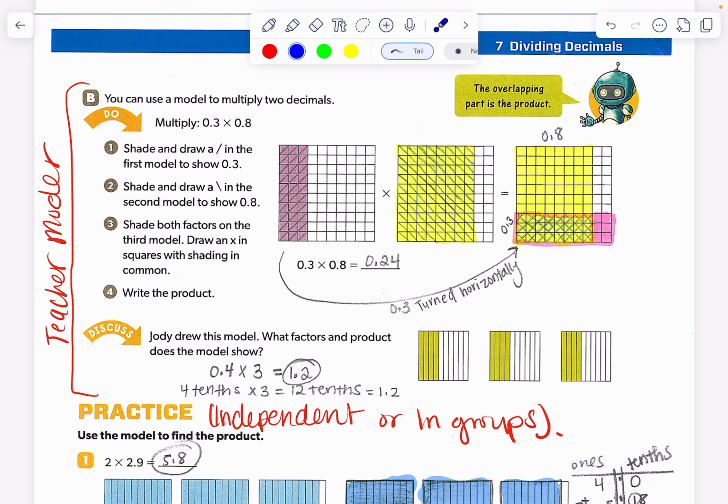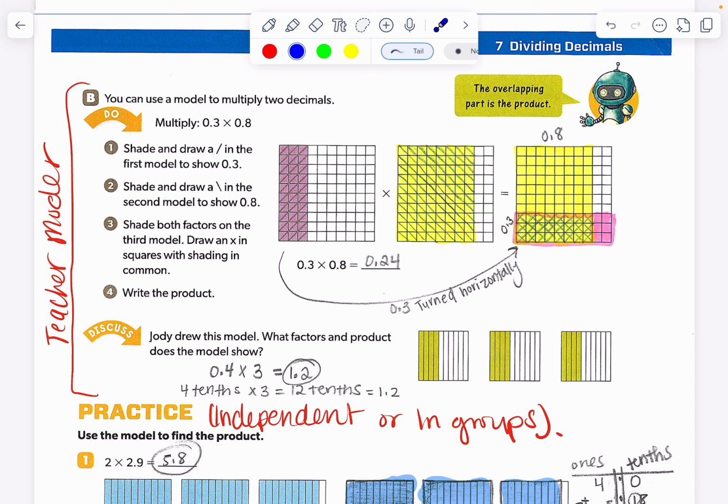What we can identify, and for teachers who have taught fifth grade as well, the fifth grade Elevate lessons, this is the same as when students were multiplying fractions, right? Fractions can be rewritten as decimals. Decimals can be rewritten as fractions. So this is the same exact model for that lesson.